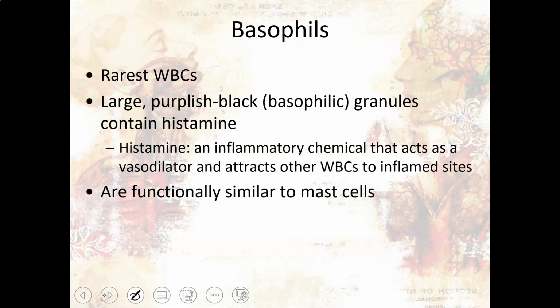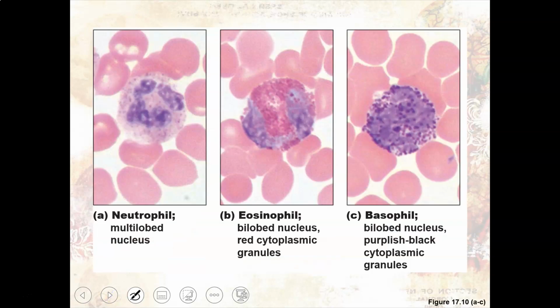Basophils contain histamine. Basophils are the rarest of the white blood cells, and part of that is because there are other cells called mast cells that do the same thing. So there's a neutrophil, an eosinophil, and a basophil.